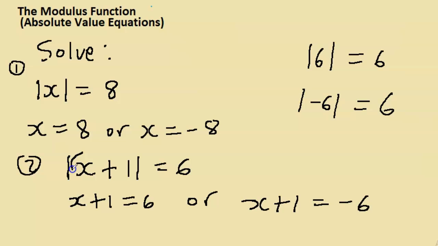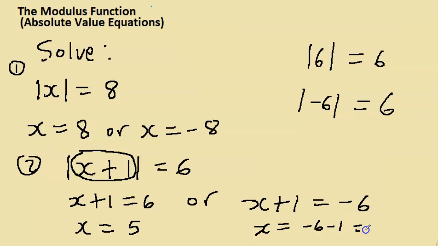So x plus 1 equal to 6. Subtract 1 from both sides, x equal to 6 minus 1, which is 5. Here, subtract 1 from both sides, x equal to minus 6 minus 1, which is minus 7. So the possible values of x are 5 and negative 7.